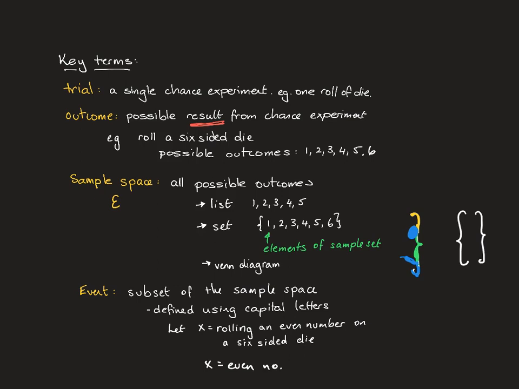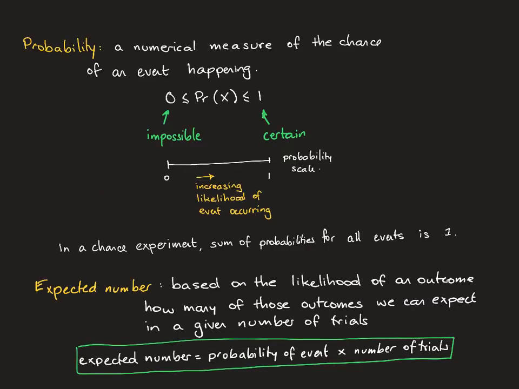Some of the other words we need to learn to use and make sure we understand exactly what they mean are probability and an expected number. So the probability is in fact a numerical measure of the chance of an event happening. And it's a number between 0 and 1. So your probability has to be either a decimal or a fraction.